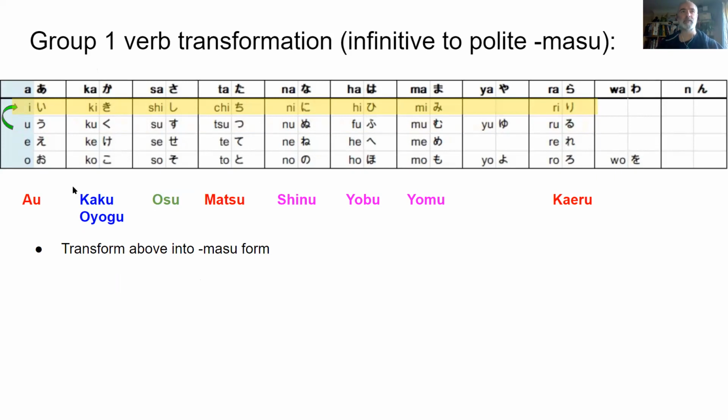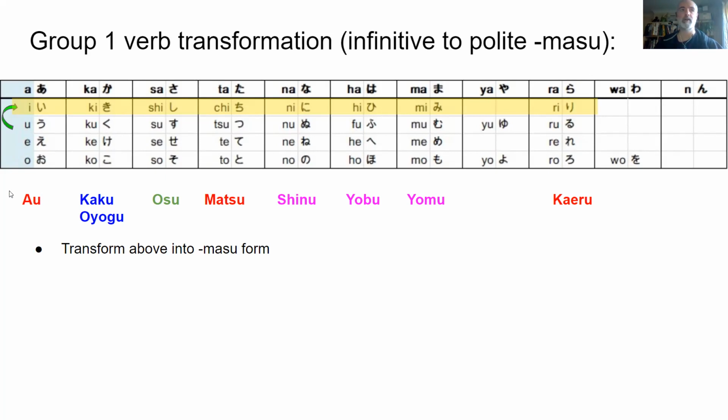So I recommend having this printed out and looking at it frequently. In the group 1 verbs, they are all ending in the infinitive on this u line. So I've marked up 1, 2, 3, 4, 5, 6, 7, 8, 9 different verbs from those sets. And you actually only have to remember these 9 verbs because all other group 1 verbs are modeled in the same way.